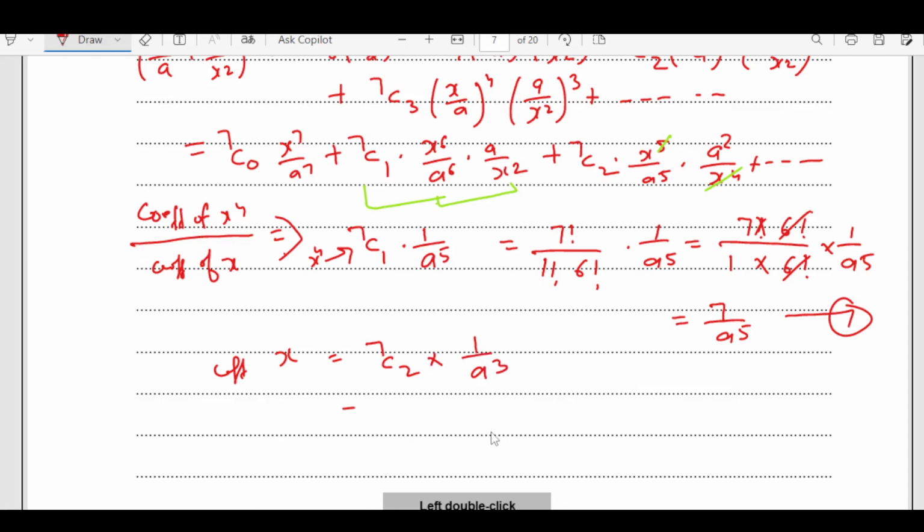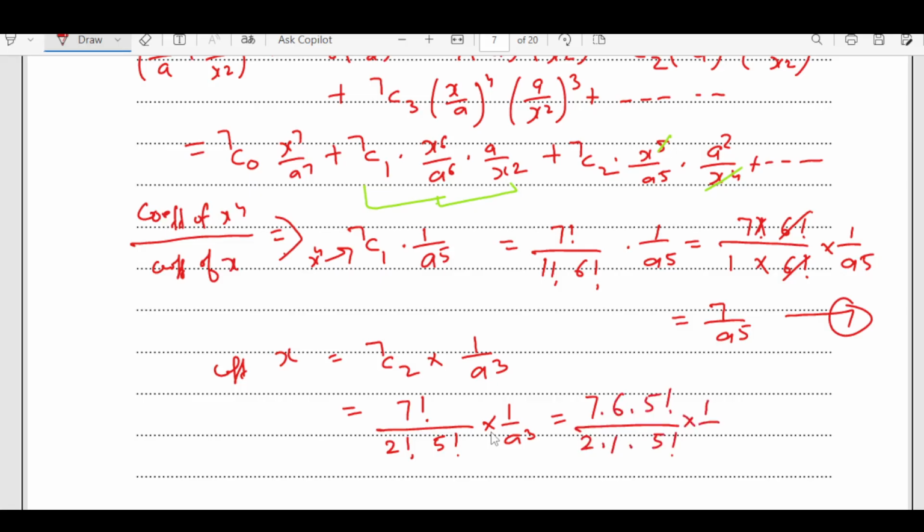So 7C2 is 7 factorial over 2 factorial, (7 minus 2) is 5 factorial, into 1 over a cubed. This can be written as 7 times 6 times 5 factorial over 2 times 1 times 5 factorial into 1 over a cubed. This 5 factorial and 5 factorial is gone. 2 times 3, so this is 21 over a cubed, right? This is the coefficient of x.